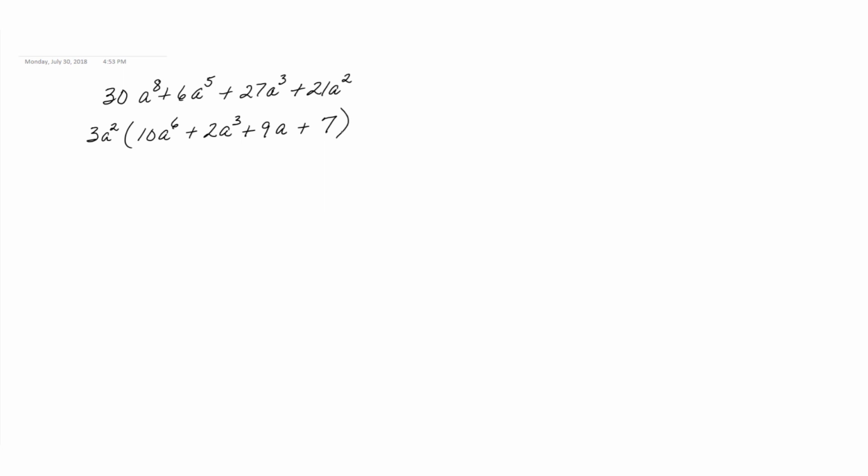Okay. Well, let's try one more since we're doing so well. Let's try negative x cubed y to the 6th minus 10x to the 4th times y minus 9y squared plus 9. What's our greatest common factor here?